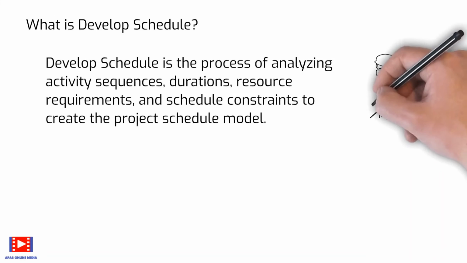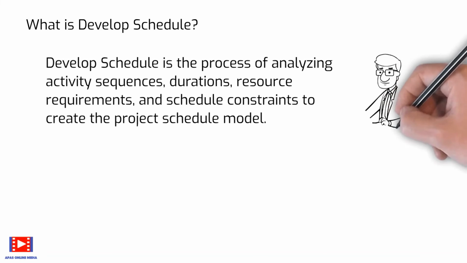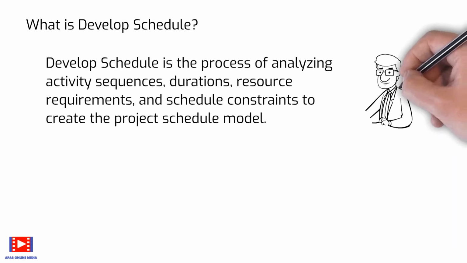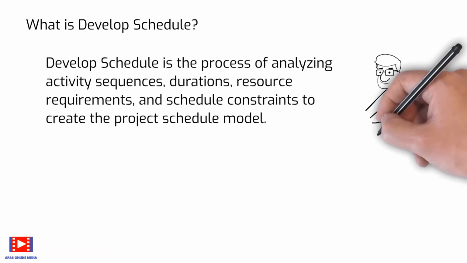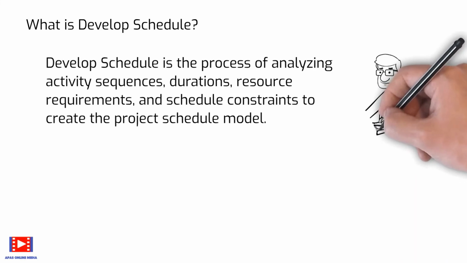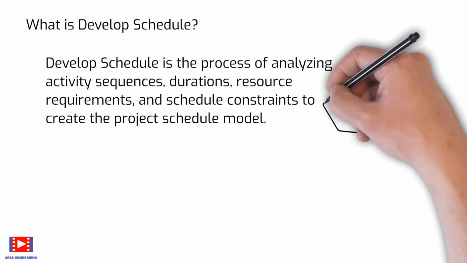Developing an acceptable project schedule is often an iterative process. The schedule model is used to determine the planned start and finish dates for project activities and milestones based on the accuracy of the inputs.